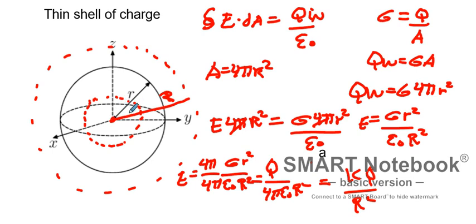So if I just draw my Gaussian surface inside my hollow metal sphere, there's no charge inside my Gaussian surface. Therefore, our electric field is 0 inside that hollow sphere. And we also know that electric field is 0 inside the actual metal here. So we only see an electric field when we're outside that hollow metal sphere.